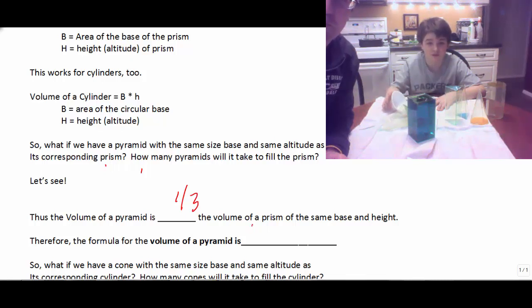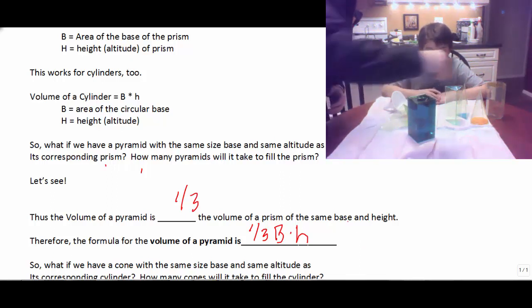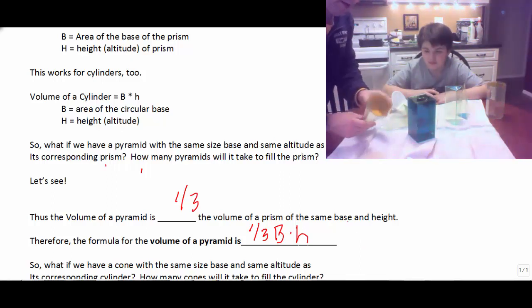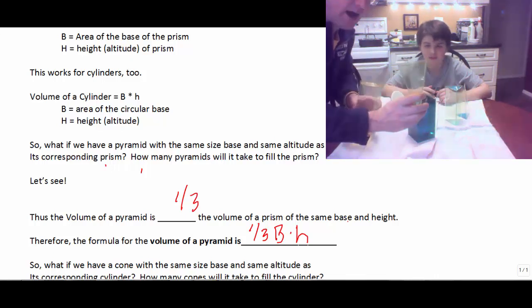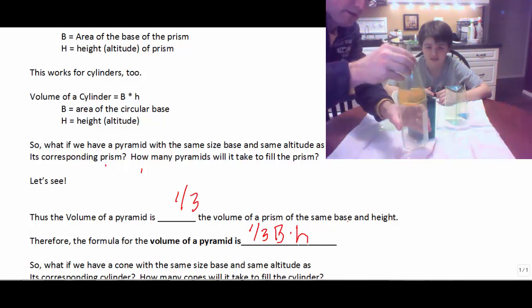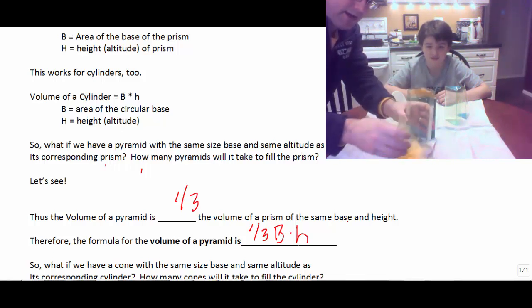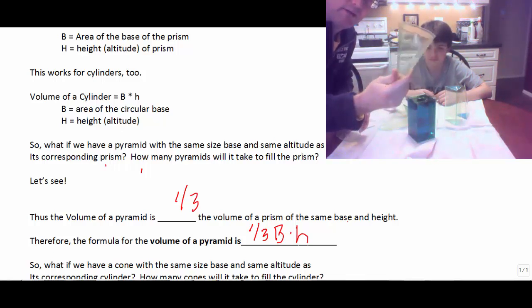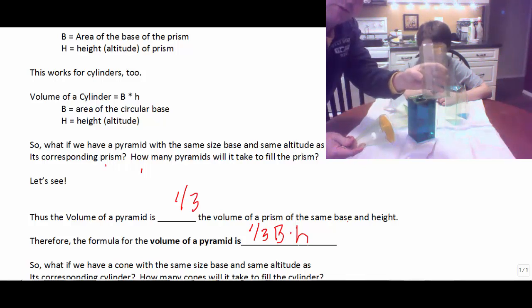So the volume of a pyramid is 1/3 area of the base times our height, and our height is an altitude. And that will work with a pyramid of any base. Octagonal base, an octagonal prism, same base, same height, I can get 3 pyramids into that prism.